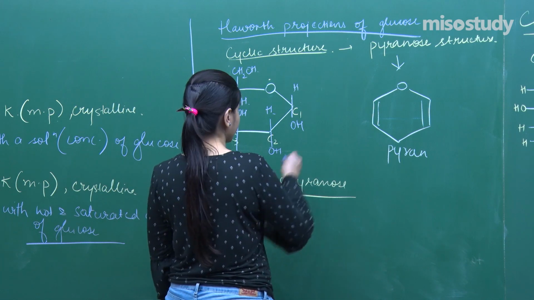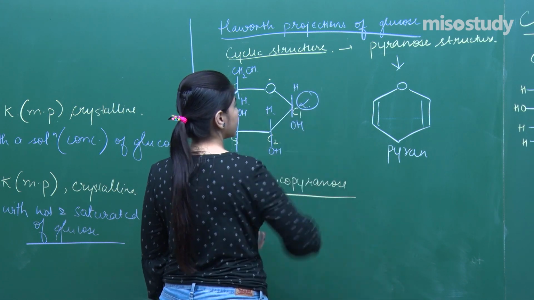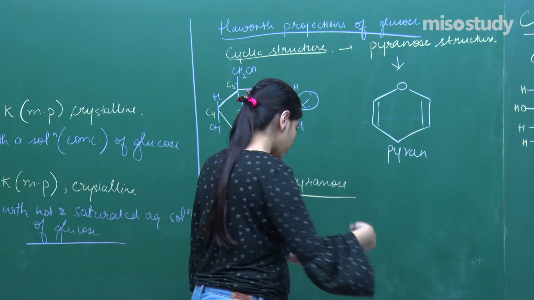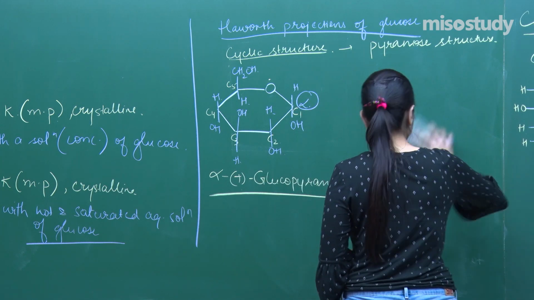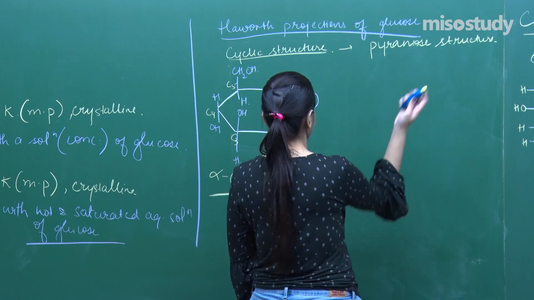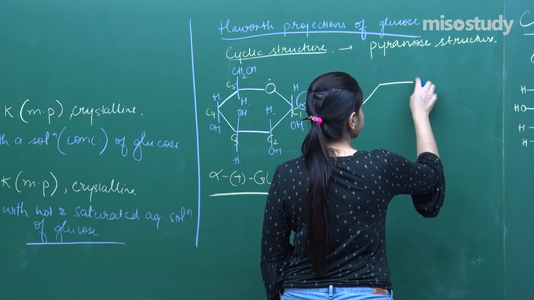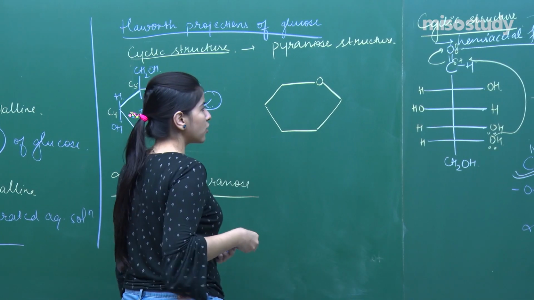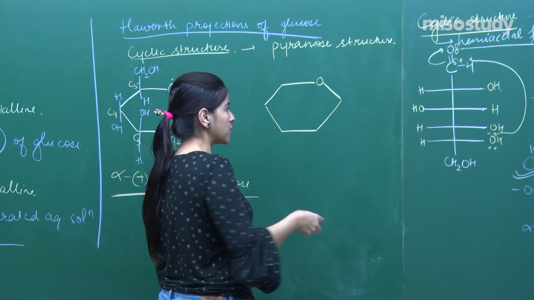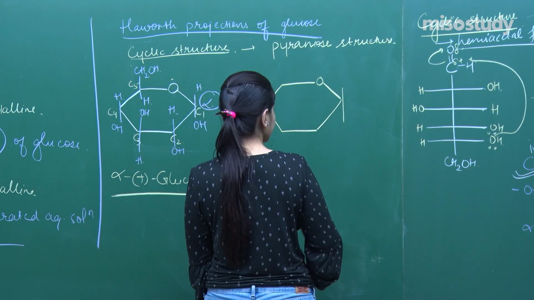So let's make the other form of it. It was the alpha form because of this anomeric carbon being alpha. Let's make the beta form then. So in the beta form, the OH is towards the left-hand side, so I'll be representing it as upwards.